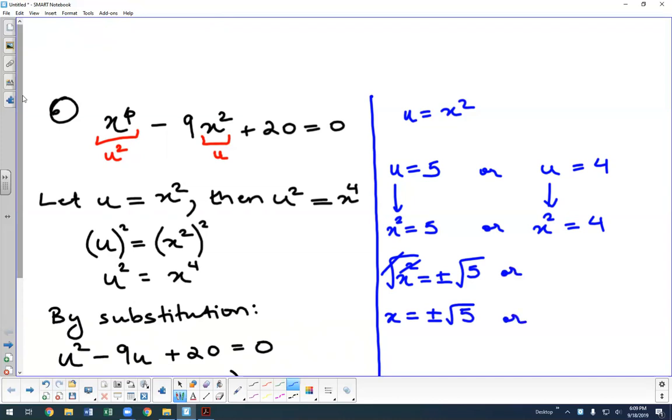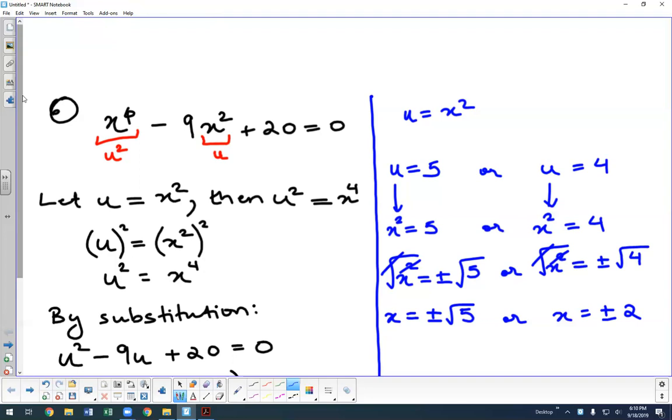What will I get on this side? Plus or minus 2. Yeah, very good. So you start out with plus or minus square root of 4, which cleans up into x equals plus or minus 2.